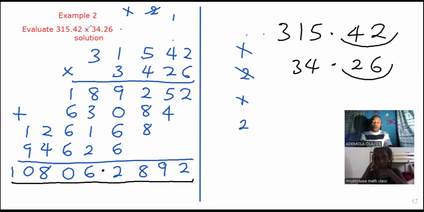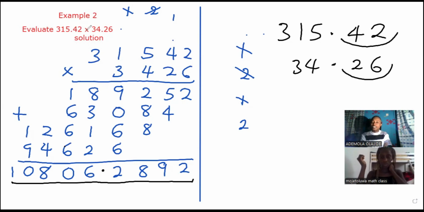So that is example 1 we took before. I'm trying to say, what do we do in case you are given any addition that involves decimals?